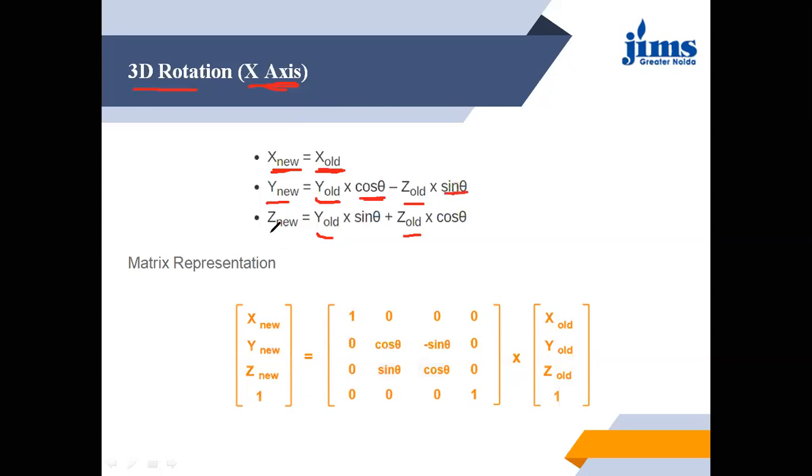Similarly, to find the value of z new, it is y old into sine theta plus z old into cos theta. And if you see this clearly, this is the same thing we were doing in 2D also.